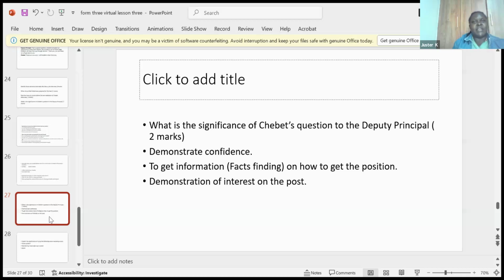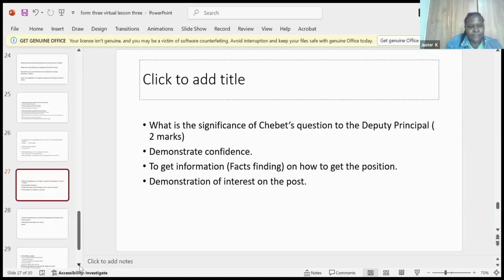It is a way of showing that she's confident enough to ask a question during the interview. She's relaxed. Also, it could be a fact-finding mission to get information on how one is to get that position of the school captain. And also a sign of demonstration, of course, of interest in that particular post of the school captain.